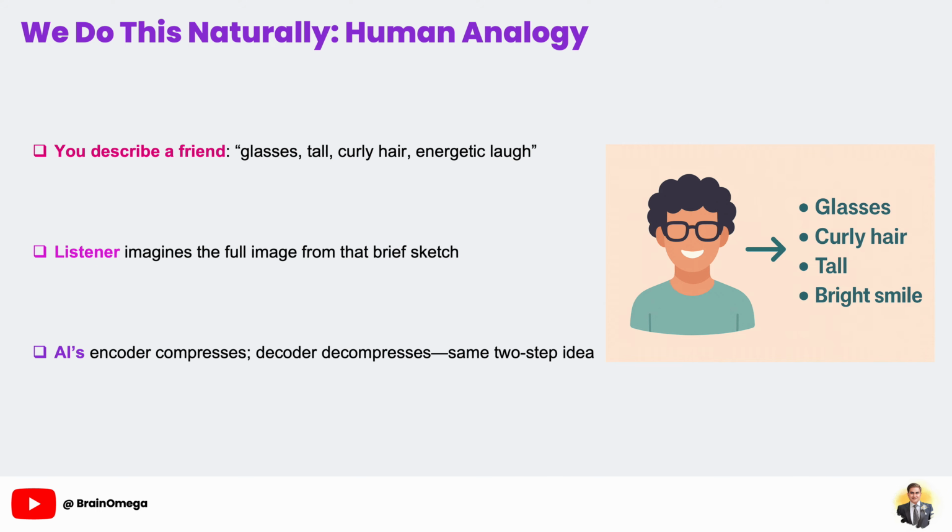The listener hears tall, curly hair, glasses, bright scarves, and their brain conjures up a mental image of Maria from those cues. You've essentially encoded a complex 3D mental picture into a short list, and the listener decodes those cues into a full mental image. In AI terms, the encoder network does the compression.